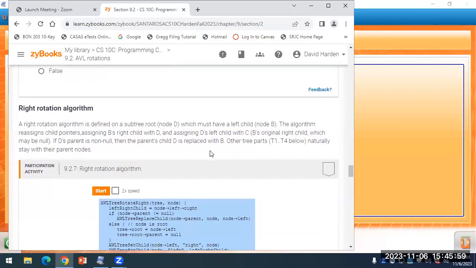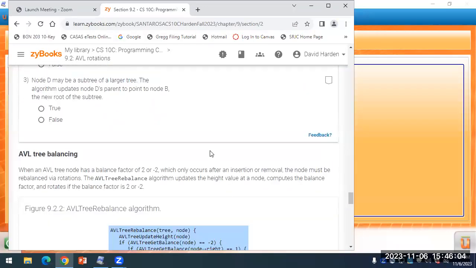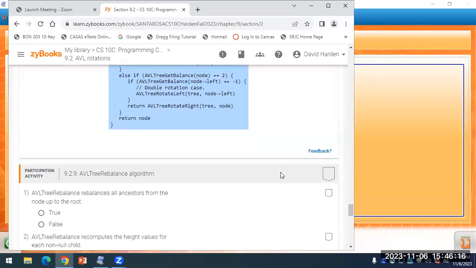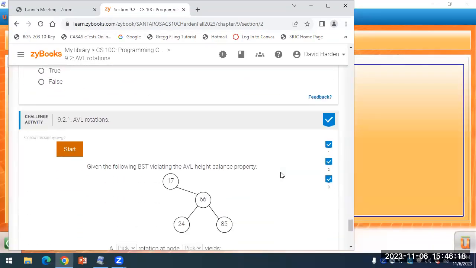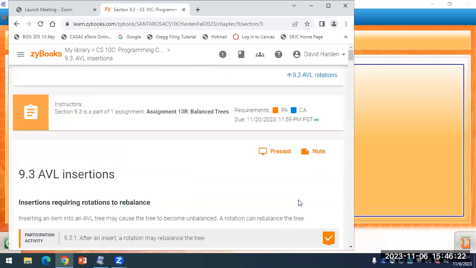So right rotation algorithm. Okay. I'm waiting for double rotation to come.